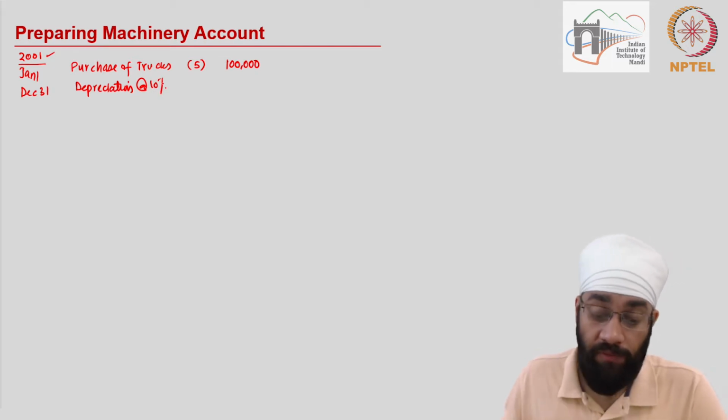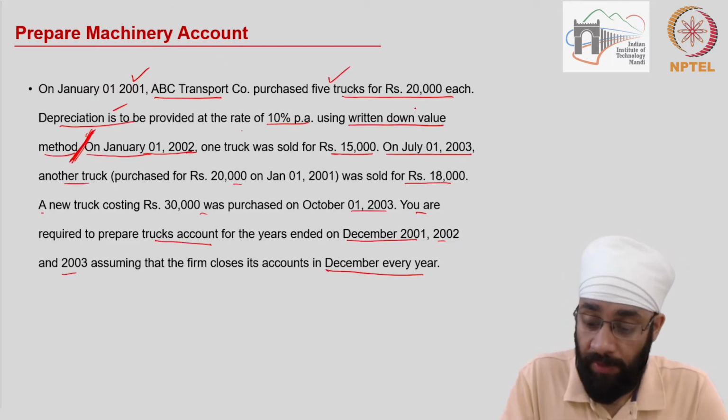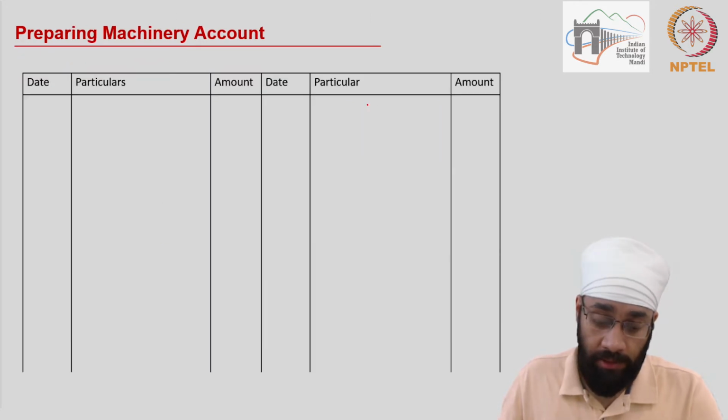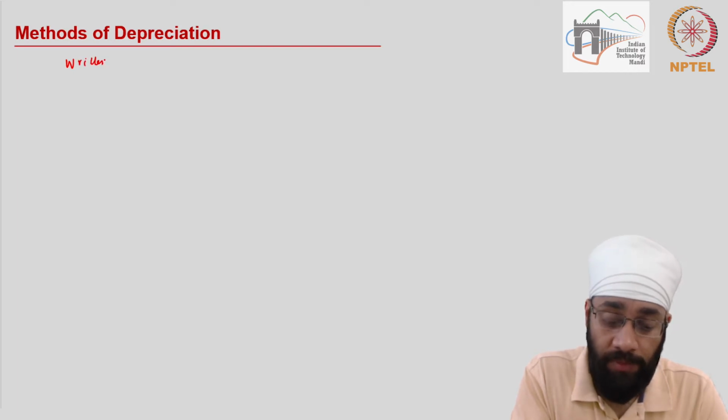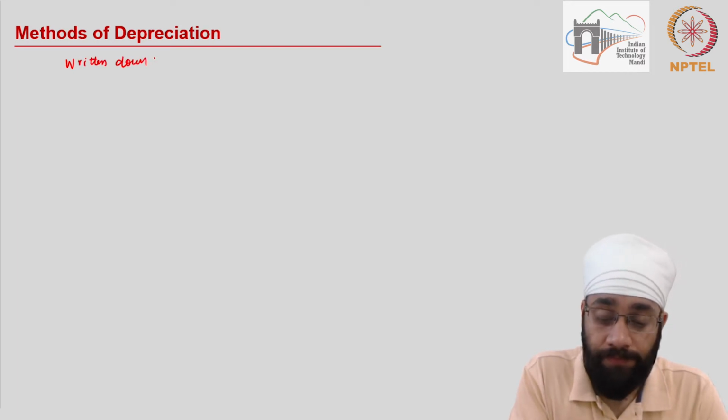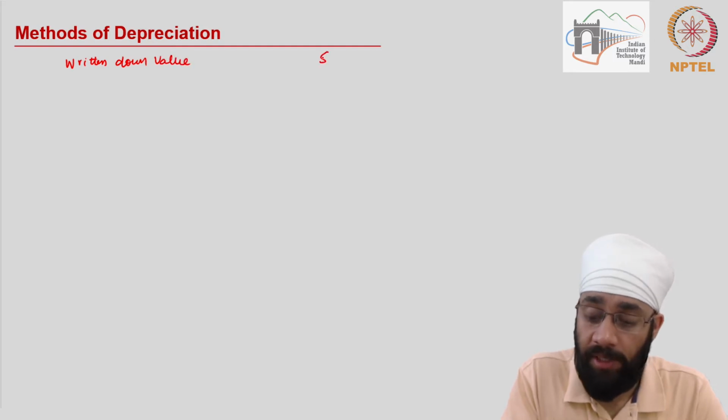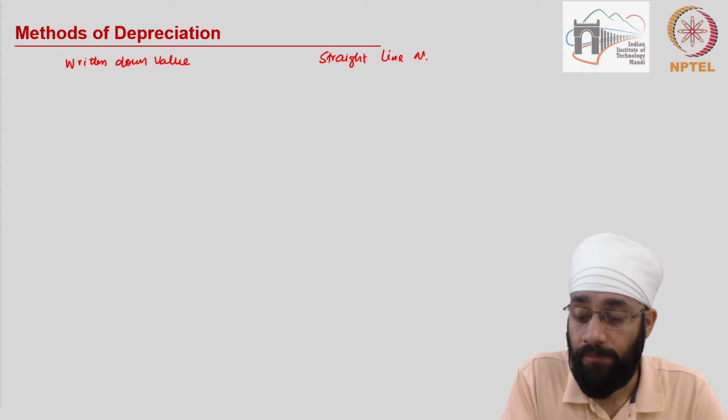Now is the question of what is written down value method. Let me contrast two methods of depreciation for you. One is written down value method, and the other one is straight line method. All right.